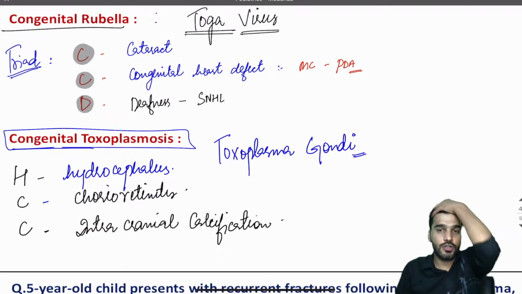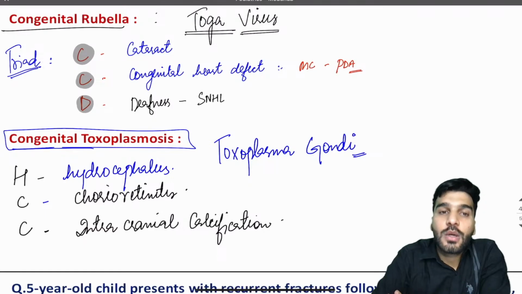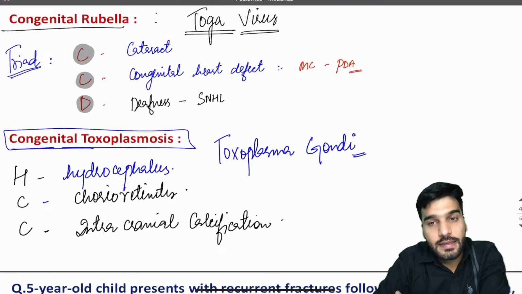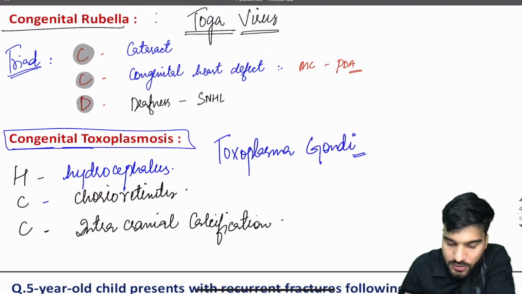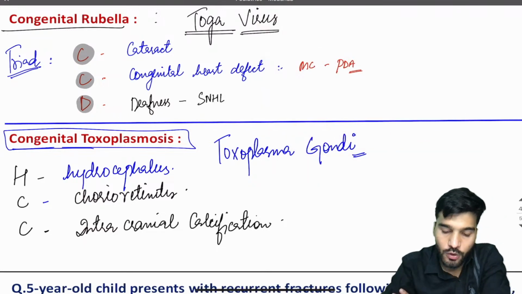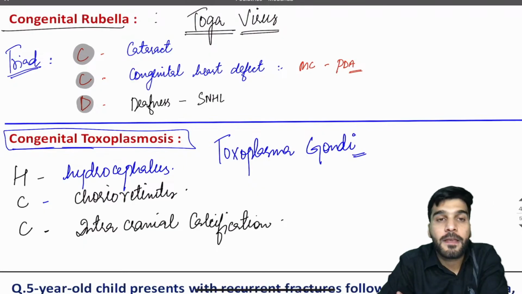That is why patients with congenital toxoplasmosis usually complain of seizures. So the clinical feature of congenital toxoplasmosis is seizures.